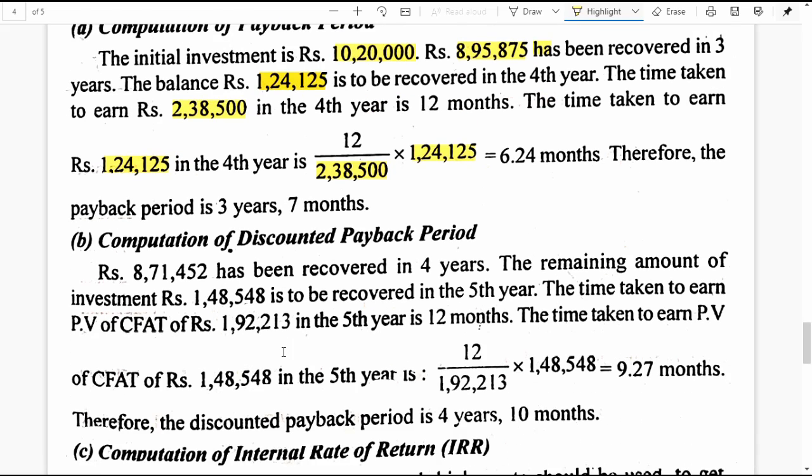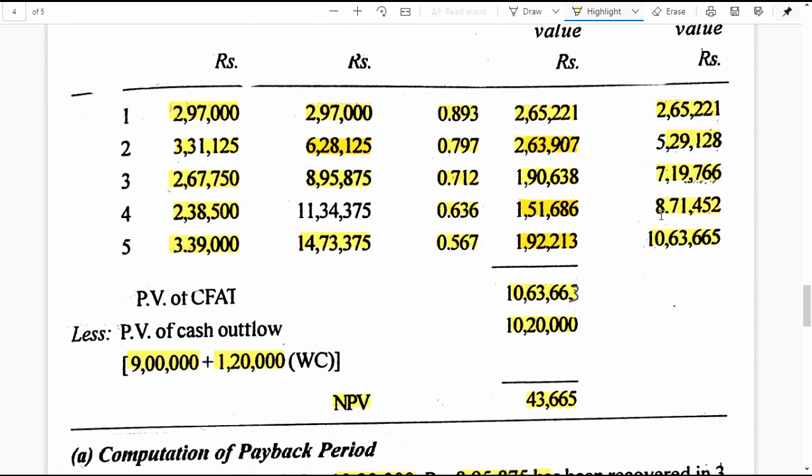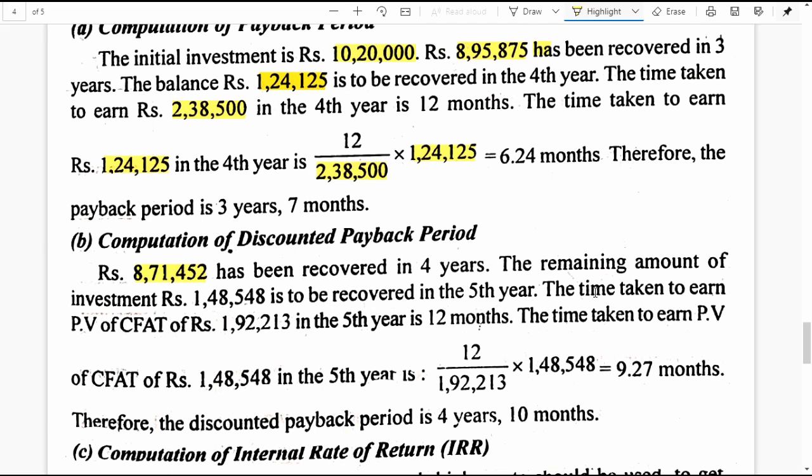Now computation of discounted payback period. Till the end of 4th year, we are able to get back 8,71,452 rupees of our investment as per discounted payback period. Let's look at the calculation. So we have taken 4 years to get back 8,71,452 of our investment.